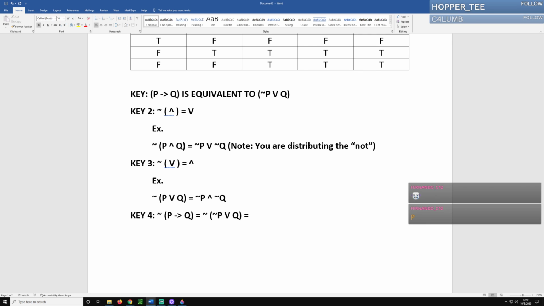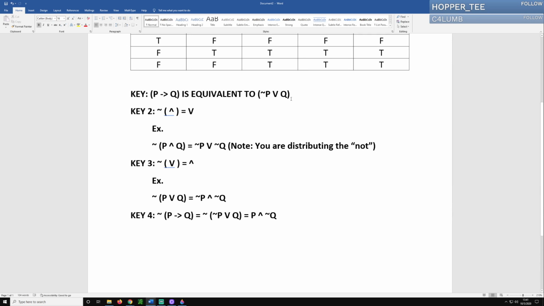So here we just get P and not Q. That's correct. So if we negate a conditional statement, because of our key up here at the top, we can rewrite that conditional statement into something equivalent. And then when we negate it, we can use the other two keys to help ourselves out and get to this last part here, which says P and not Q.